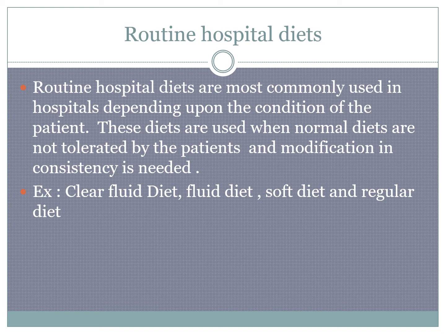Normal diet means the regular diet, what an individual eats on a daily basis. If that is not tolerated by the patient, then the patient may be given what are called hospital diets. What are the commonly used hospital diets we have? We have the clear fluid diet, soft diet, and the regular diet.